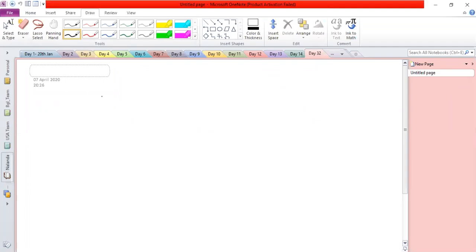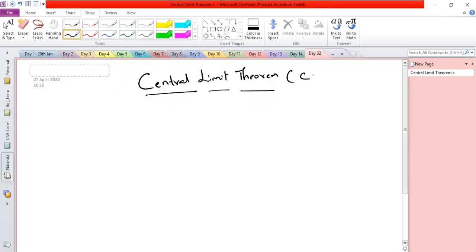So today we will talk about a very popular theorem. It's called Central Limit Theorem, popularly known as CLT.